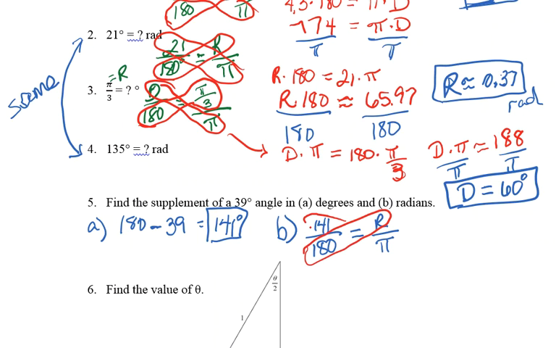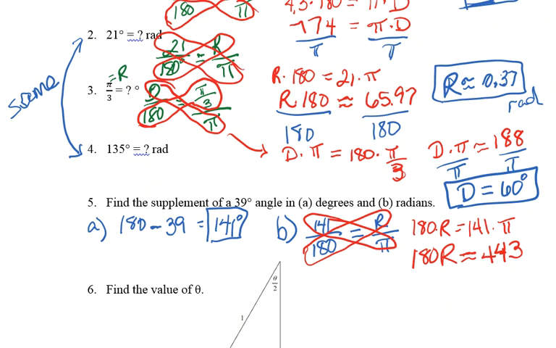So I'm going to go ahead and multiply diagonally. So 180 times r equals 141 times pi. 141 times pi is approximately 442. Actually, it'd be 443 if I was rounding, but I'm going to leave the number in the calculator.